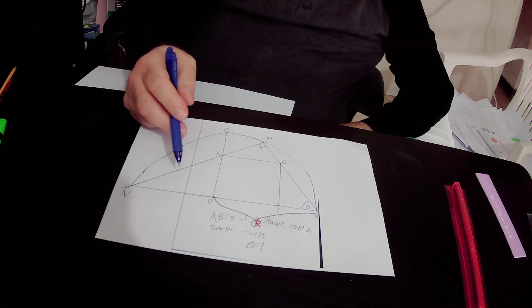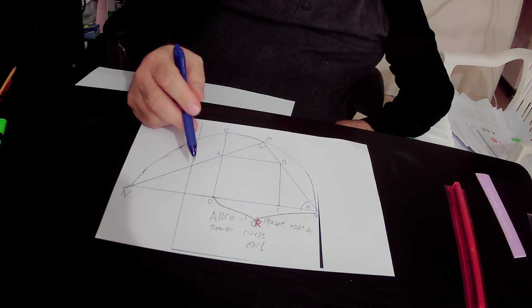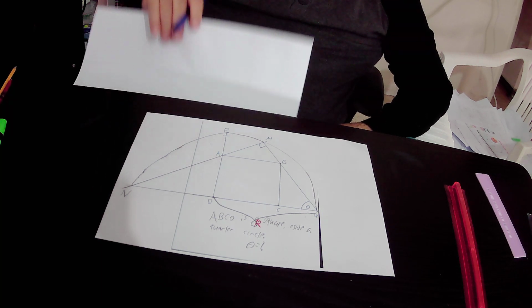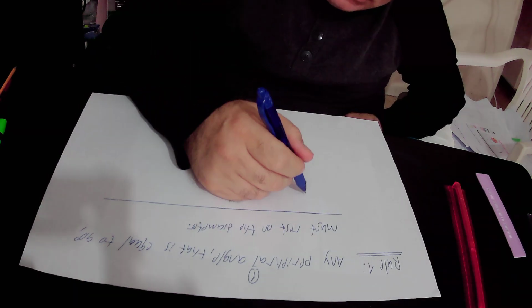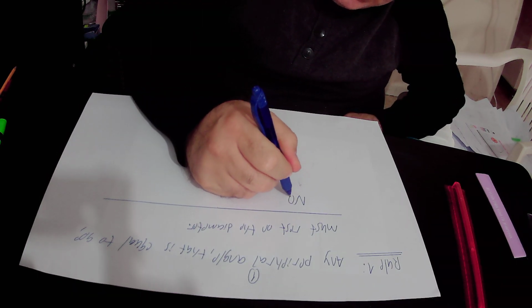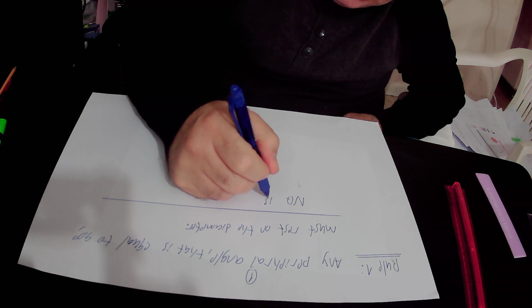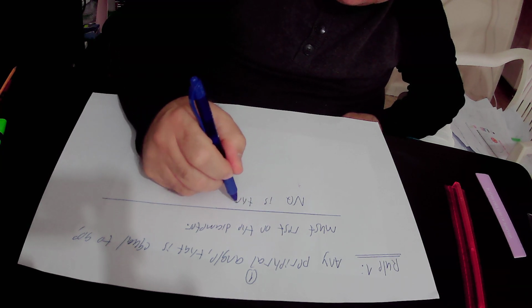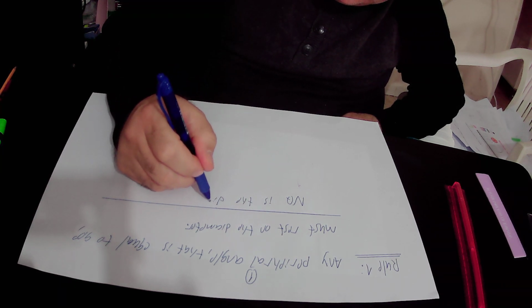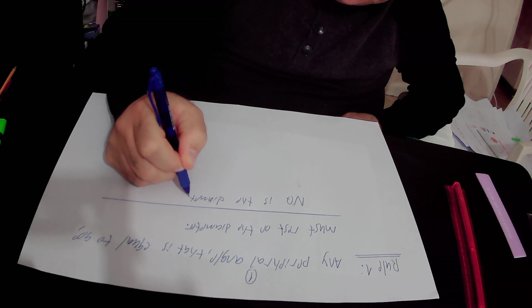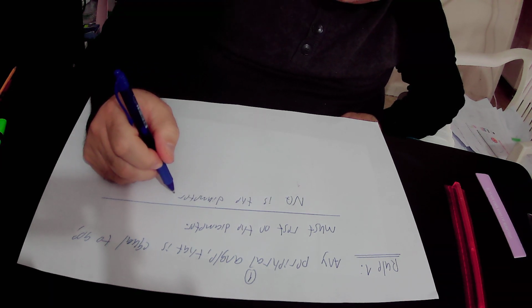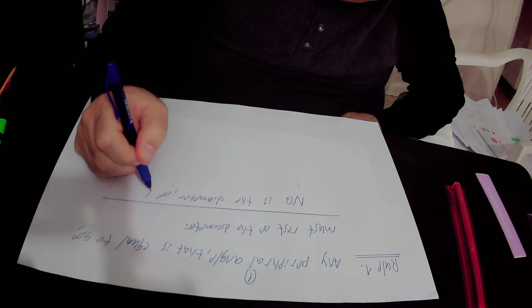Therefore, MQ must be the diameter of the semicircle. So according to rule number 1, we conclude that MQ is the diameter of the semicircle.